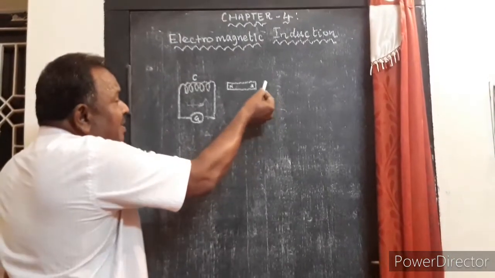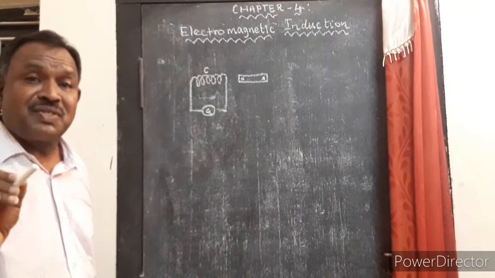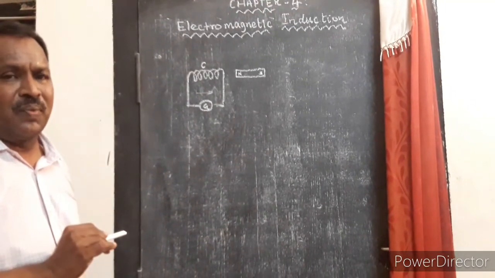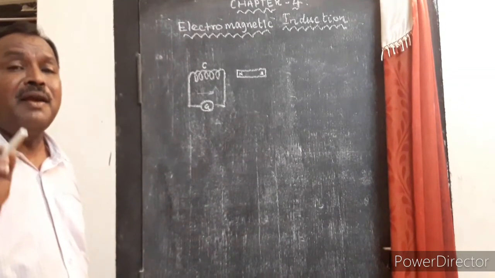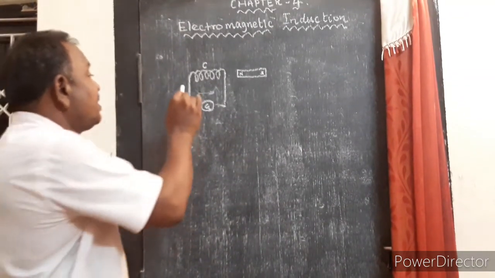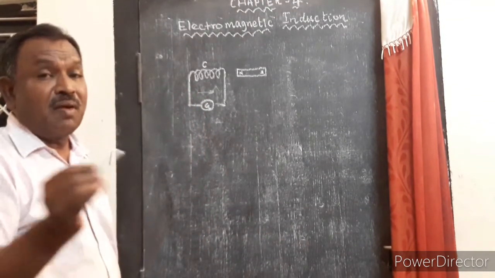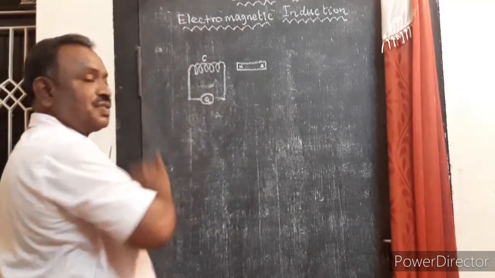As I move the magnet closer and closer, the number of magnetic flux lines increases. So, whenever there is change in the magnetic flux linked with the circuit, an EMF is induced. Because of this induced EMF, there is flow of current.